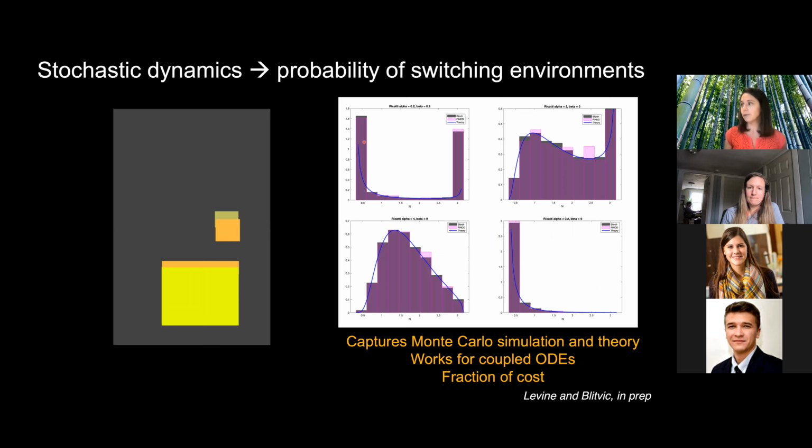So there's a gray one, which is probably barely visible. And that is the fully stochastic Monte Carlo simulation, where we are doing the stochastic simulation. And then we've got our new framework we call FIND, which is overlaying on top of it. And this is a fraction of the computational cost. And it shows high fidelity with the Monte Carlo simulation.